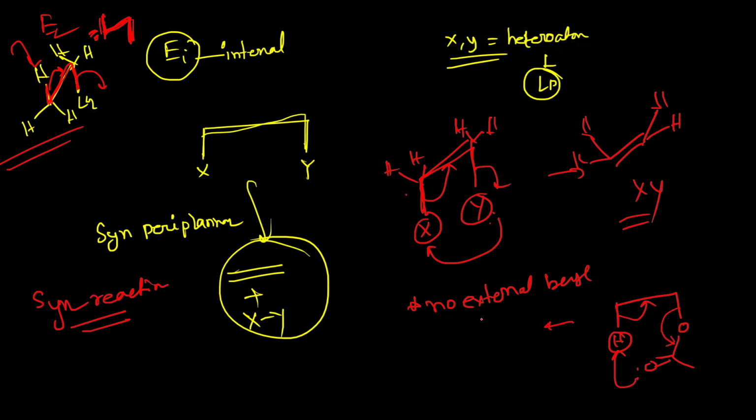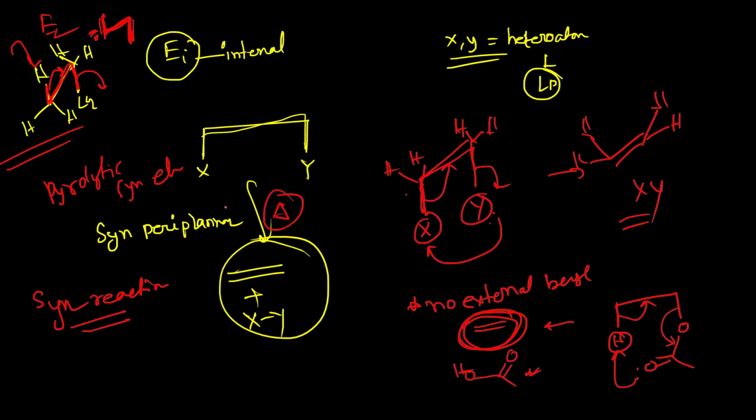Finally, our product is C=C from here and O=C CH3 OH. So acetic acid will be a product, and ultimately ethylene will be formed. So this is basically syn elimination, also called pyrolytic syn elimination, because in this reaction heat is required. Where heavy heat is required, we call that a pyrolytic reaction.